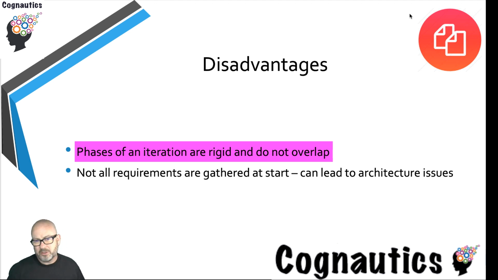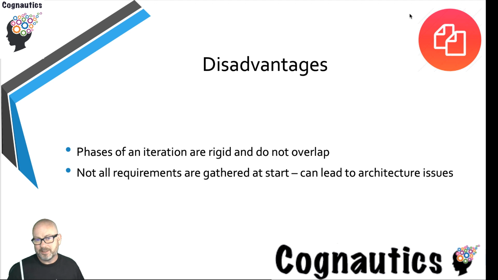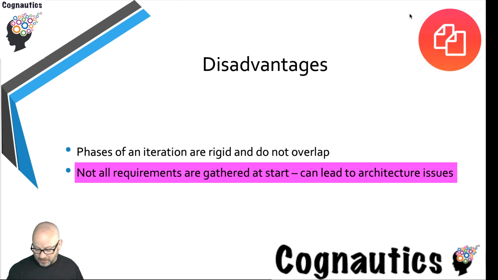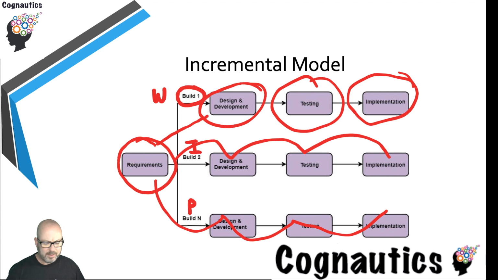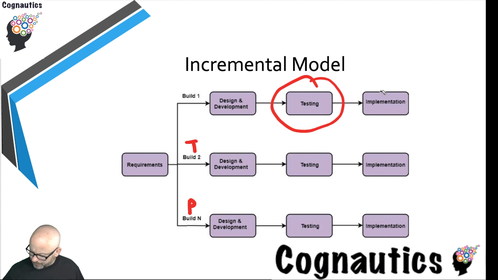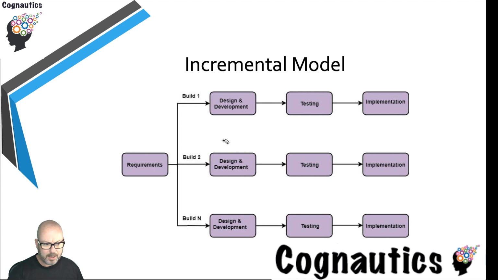But there's an additional issue which is particular to this methodology, and that is the way in which it is actually designed. Now let's go back to this slide here, and let's get rid of the lines all over it because we don't need those. But if you imagine, we talked about this being a Windows product where you need to have build 1, build 2 and build 3, all right?